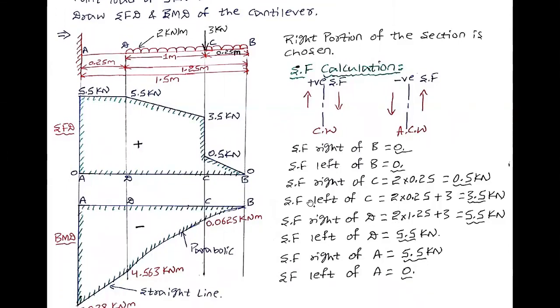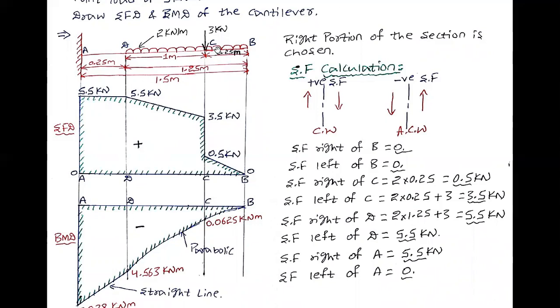Now, shear force right of C. This is the right of point C. If you take right of C, UDL is acting from point B to point C. Always the shear force definition is the algebraic sum of the vertical forces. This UDL has to be converted into a point load.